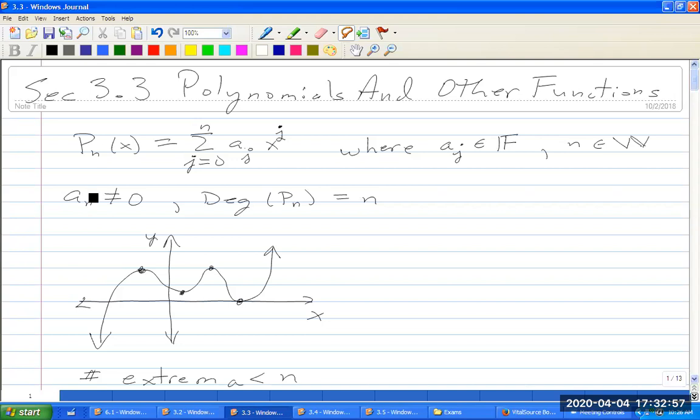If the leading order coefficient, the a sub n, is not 0, so if this highest term here is not 0, then I call the degree of my polynomial n. For a polynomial of one variable, it's just the largest power in your polynomial of your variable. The largest exponent of your variable will be the degree of your polynomial.